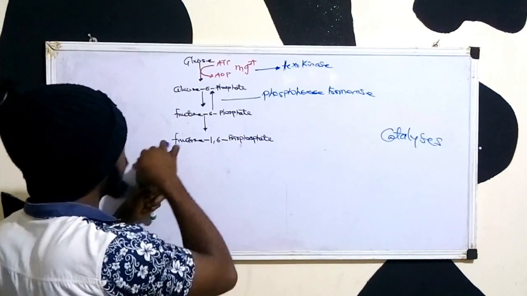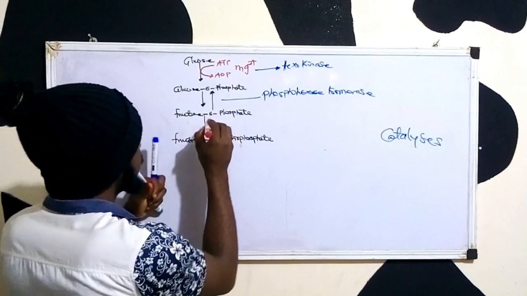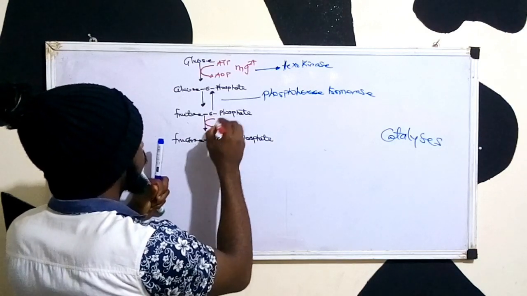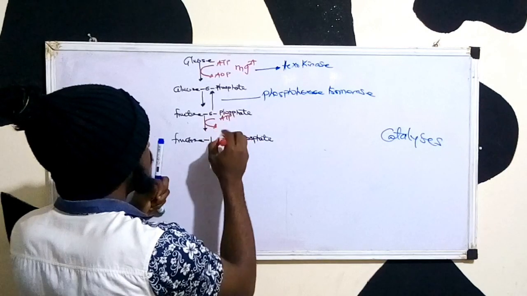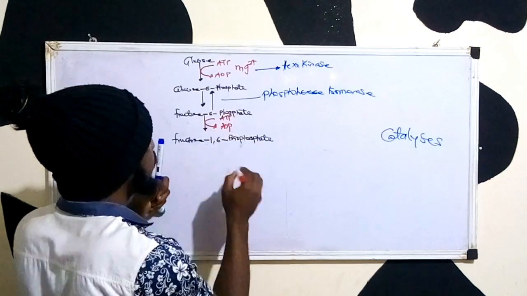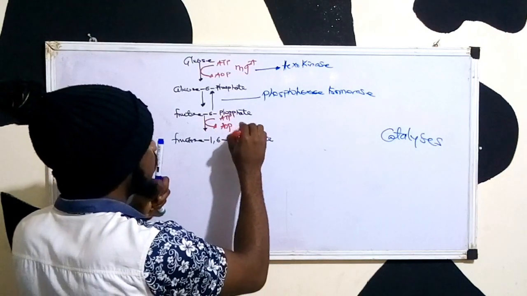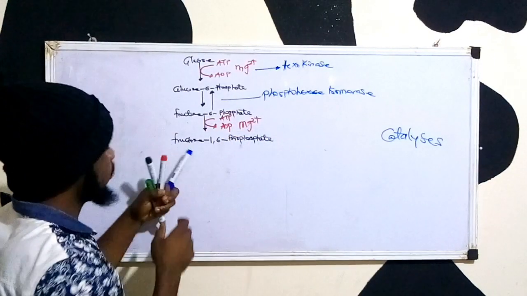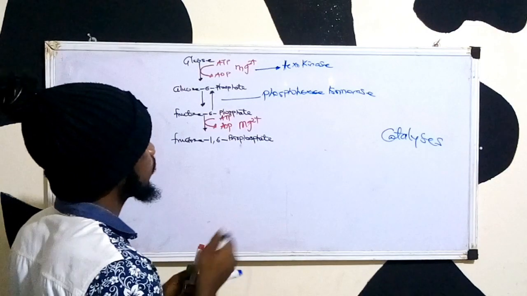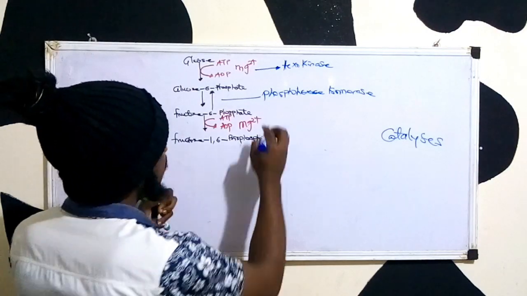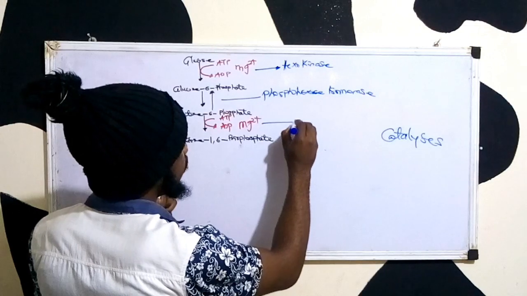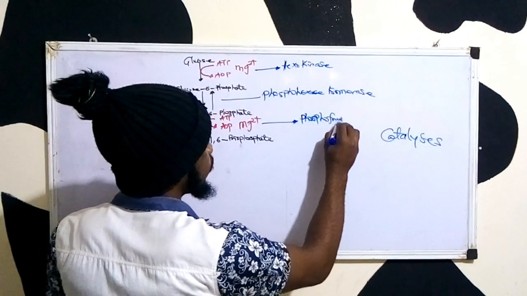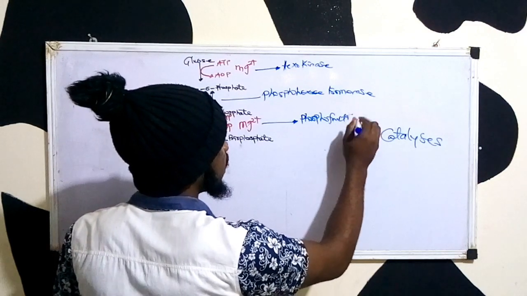It takes in energy. Energy enters the system as ATP is converted to ADP, and magnesium ion gives it an environment to function accurately. Now, the enzyme here at step 3 is called phosphofructokinase.